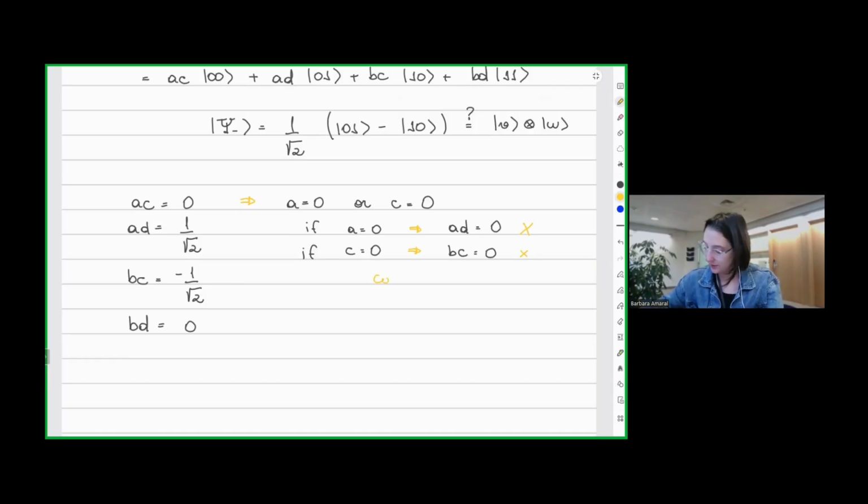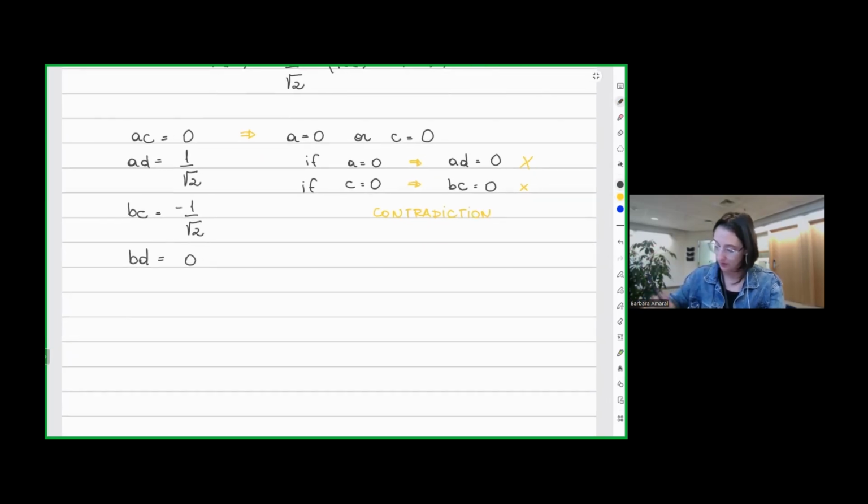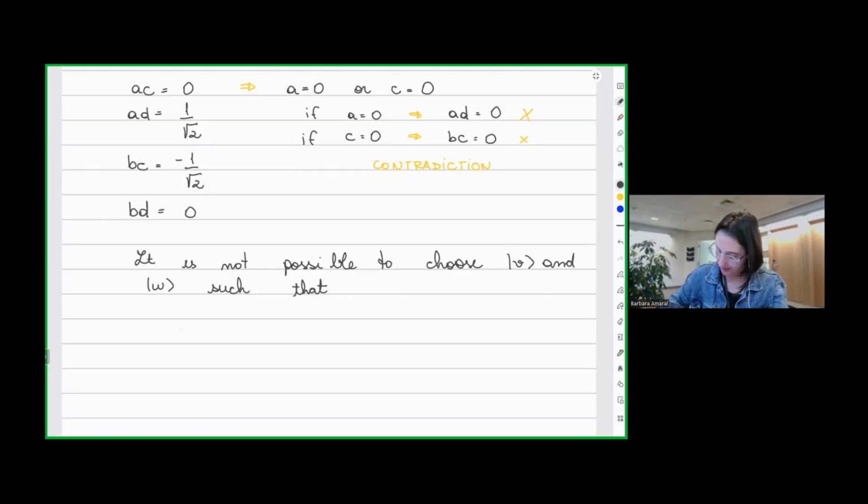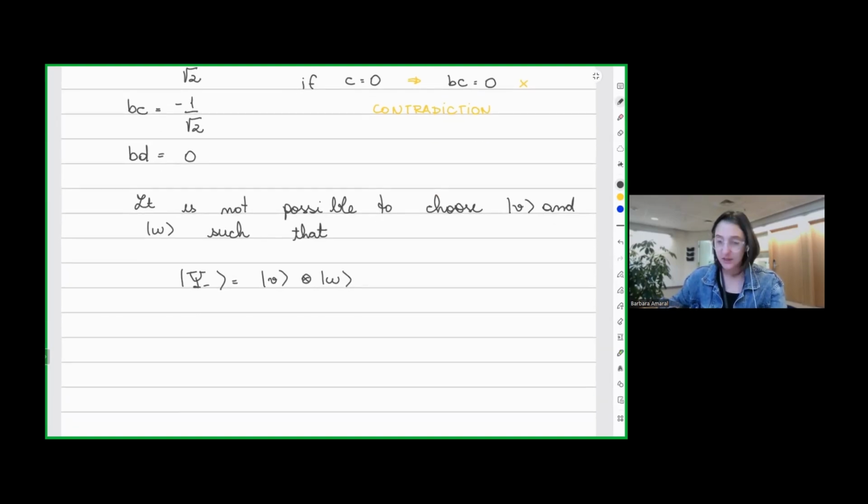So this is a contradiction, which means it is not possible to choose a, b, c, and d such that psi minus is equal to the product. So this is not possible.